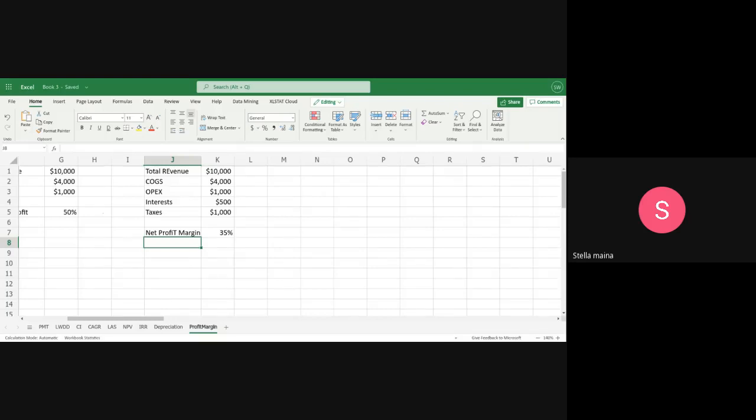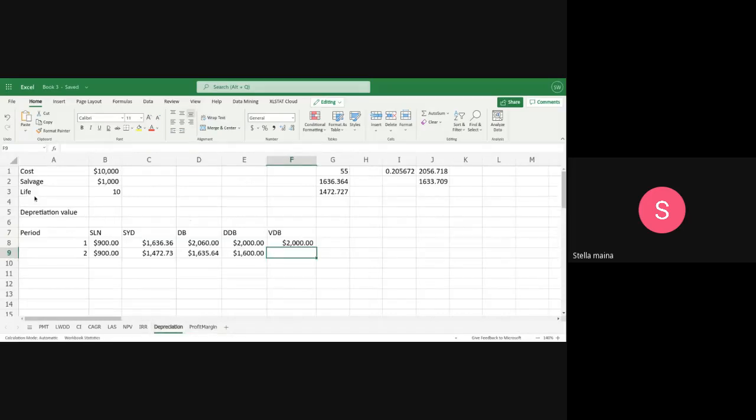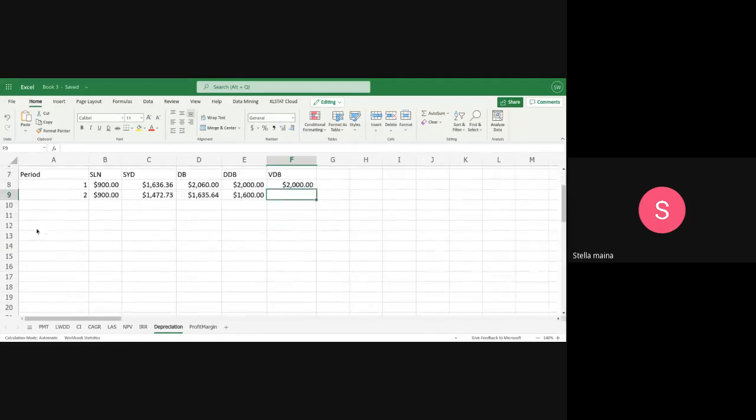I will definitely share the whole table for the depreciation so you can see how that looks at the end of each period and of the 10th value. Remember, in the depreciation, this is the depreciation value. I think I forgot to add this.